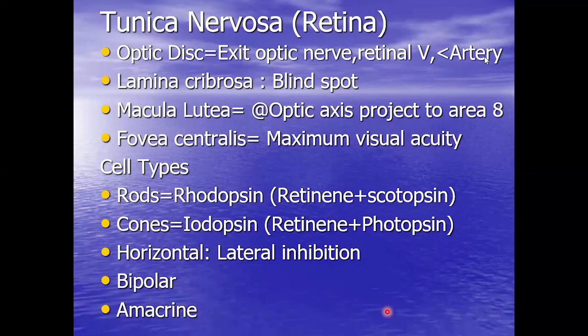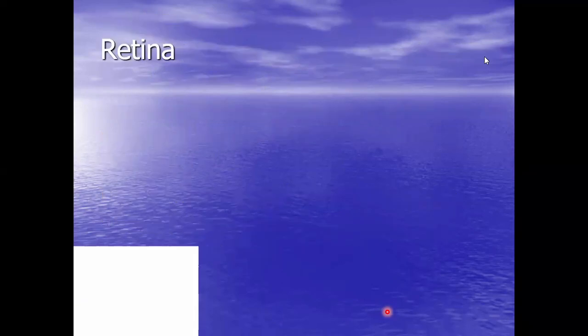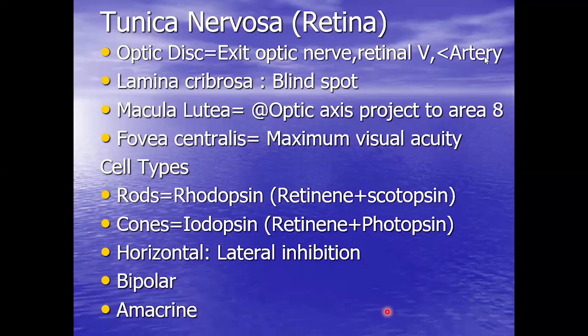So amacrine cells are also important for modulating the light pathway. The other cell type is a specialized glial cell, which traverses the whole of the retina, what we call the Mueller cell.